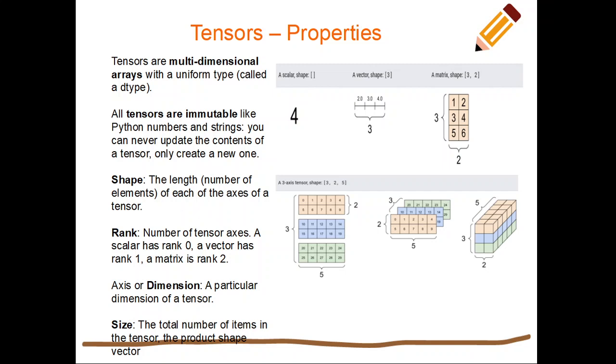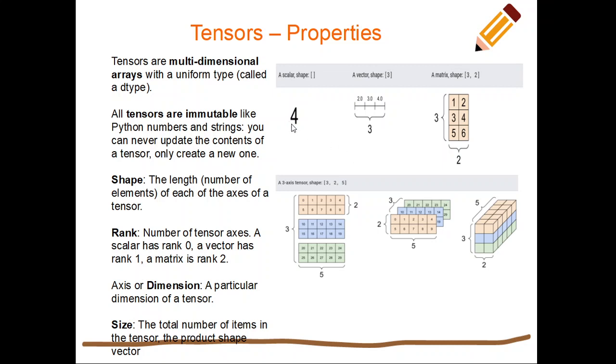Let's also discuss some of the attributes of the tensor. Some of the attributes are shape. In this particular case, the shape is 3. That is, how many elements are there on each of these axes? Here we have 3 elements in this axis, 2 elements on this axis. The shape is 3 by 2 in this particular case. Rank is how many dimensions it has.